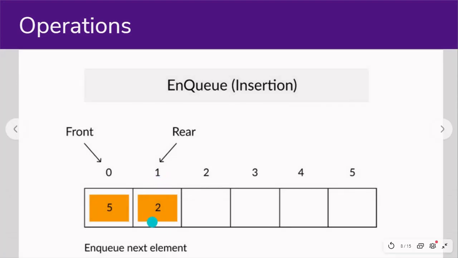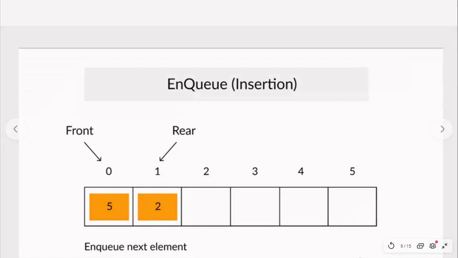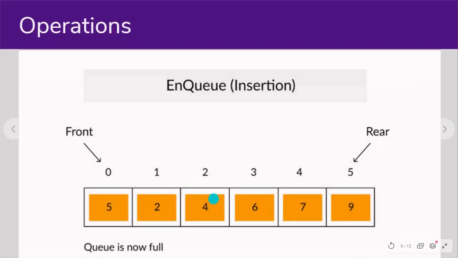Now what would happen when we want to insert the next element? First rear would get incremented, that is rear would point to the second position, and after that, using the assignment operator, the data would get inserted in our queue. Just remember this statement: queue of rear is equal to num. What is num? The user inputted data, and using the assignment operator we are assigning it to queue of rear.